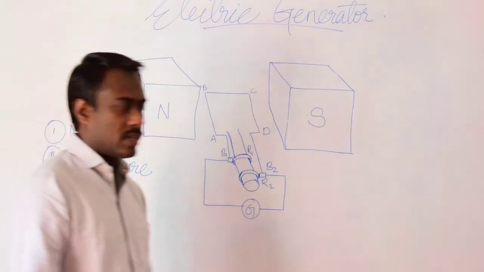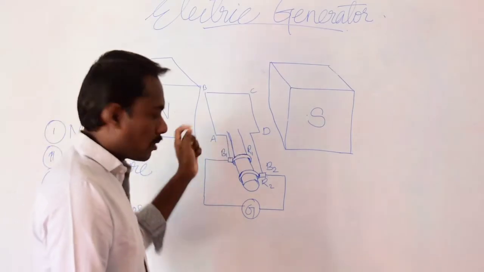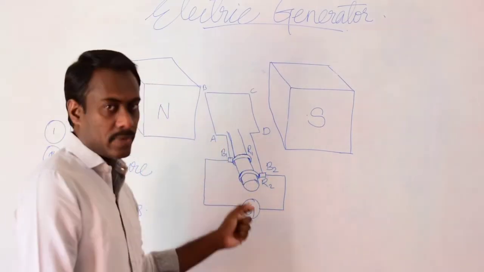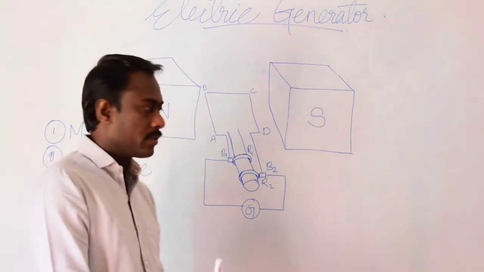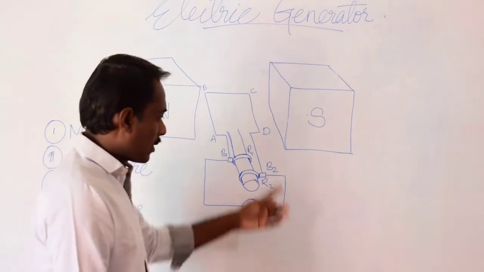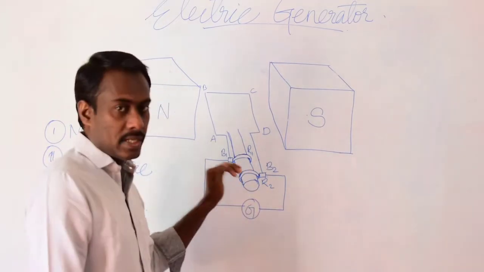In the previous class we saw that in the case of an electric motor, there was only one ring, which was split into half rings. These half rings together we call a commutator, a system that commutes the electric current.